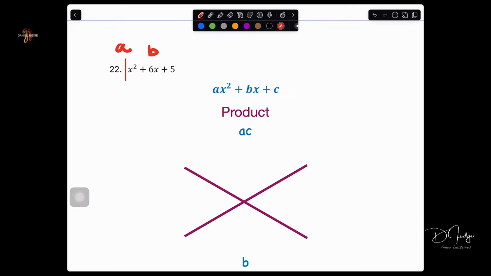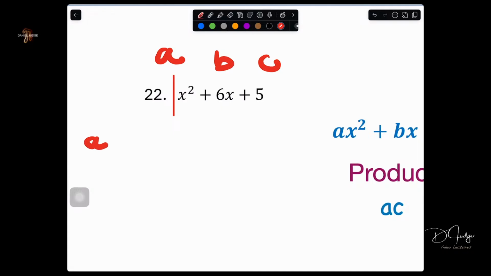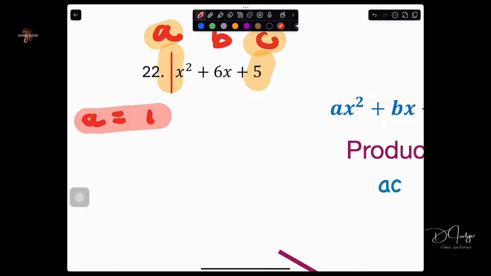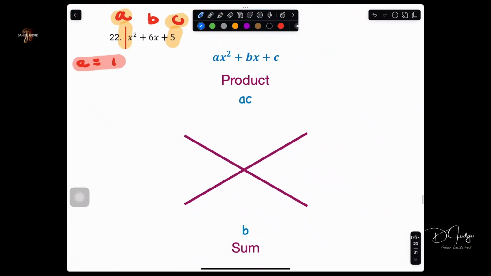A, B, C again. We can see A is the value 1. C is 5, so 1 times 5 is 5.